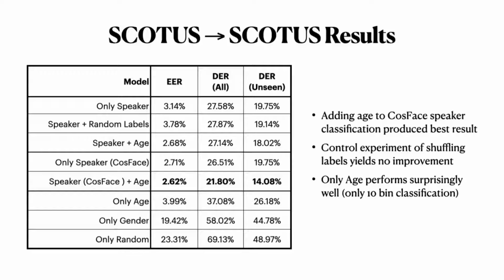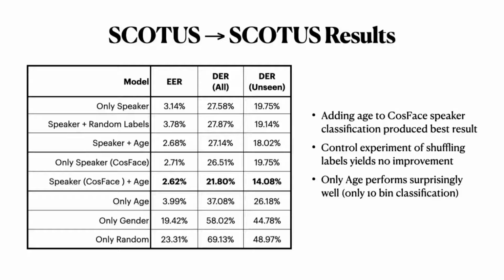So for SCOTUS to SCOTUS, we can see that the speaker plus age outperforms the only speaker model. And reassuringly, adding the random or shuffled label experiment yielded no improvement whatsoever. We also performed some experiments using only the auxiliary labels available. For gender and only random, pretty much nothing was learned.